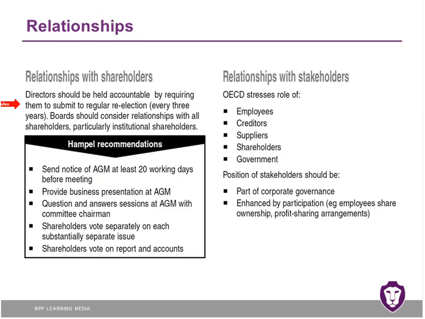UK and US corporate governance requirements are often talking about shareholders. They don't talk so much about stakeholders, and stakeholders are quite different from shareholders. Stakeholders are people who have an interest in a business, and they could be the employees, the creditors, the banks, the suppliers, because if something goes wrong, the shareholders aren't the only ones that could suffer.